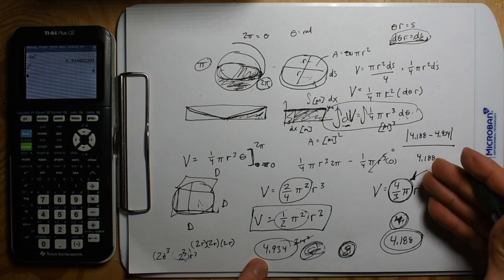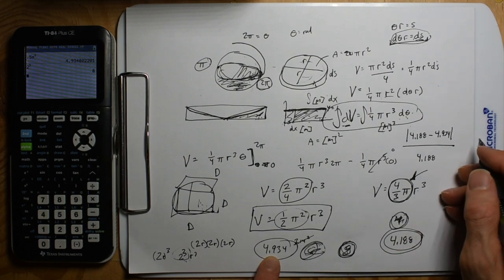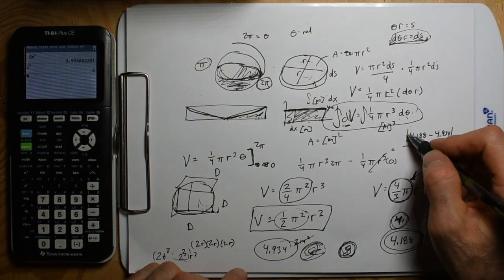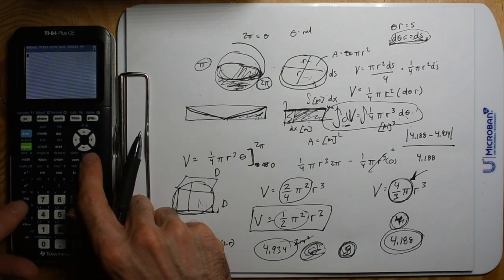Always take the absolute value, because we're just trying to find the absolute value of the percent error. I hope that makes sense to me even.